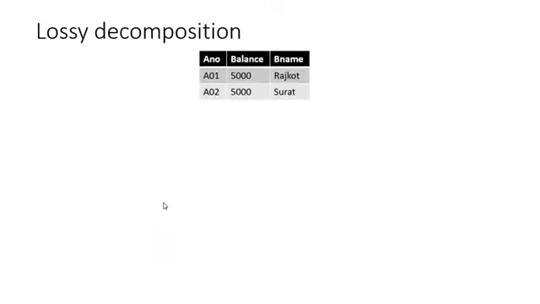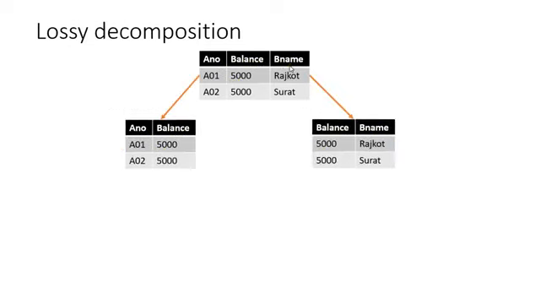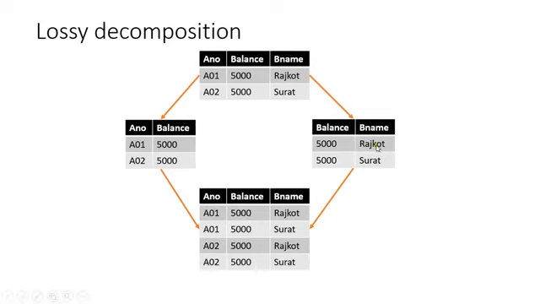Let's try to understand with an example. One schema is given with account number, balance and branch name. If we split the table into account number and balance, and account number and branch name, and then perform a join on the two tables after decomposition, we will get the following data.